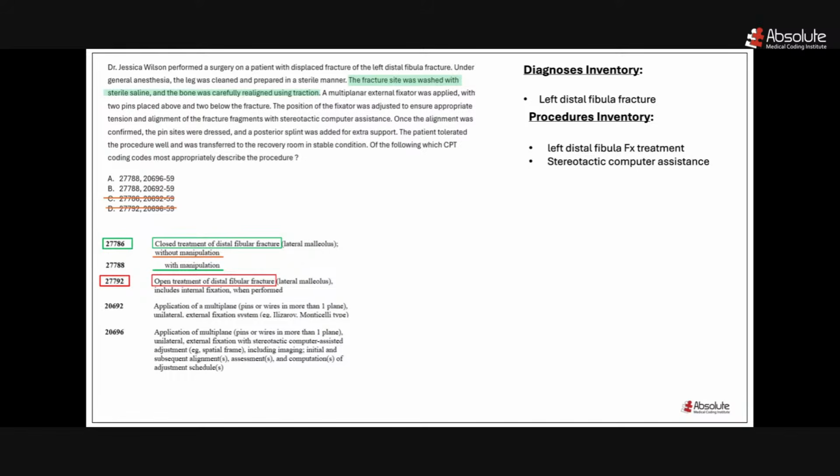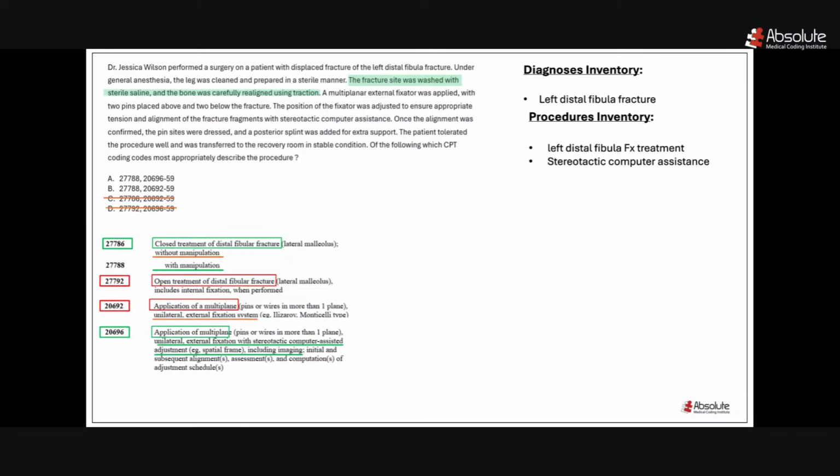Now we have to look into the second codes, 20696 and 20692. 20692 is coding for application of a multi-plane unilateral external fixation system. It looks like a good code, but if you read 20696, you can see that it is for application of a multi-plane unilateral external fixation system with stereotactic computer assisted adjustment, including imaging and initial and subsequent alignment.